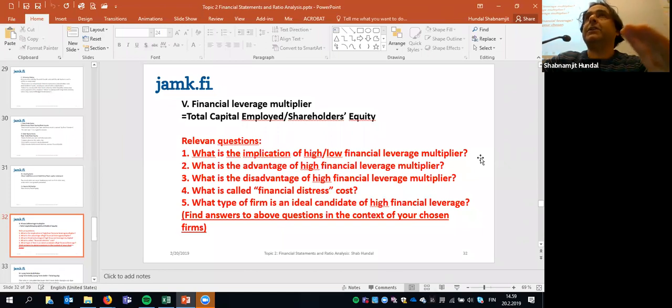So consistency of cash flows, if your revenue cash flows are consistent, it's a good point. So the consistency of cash inflows, because cash can flow out also.